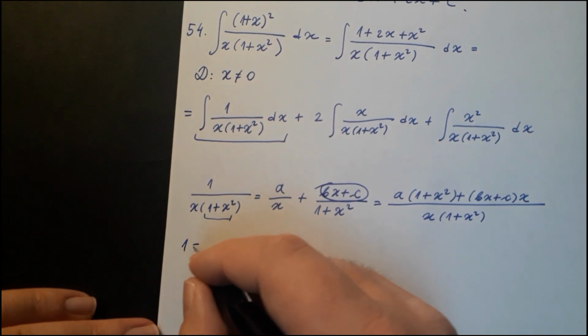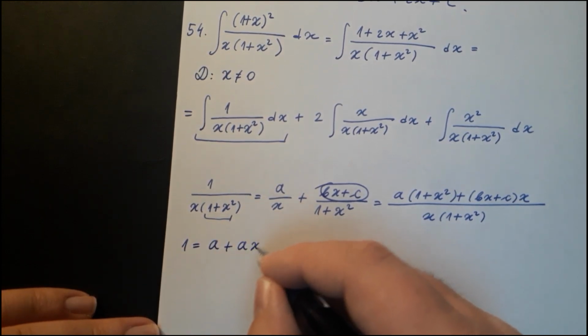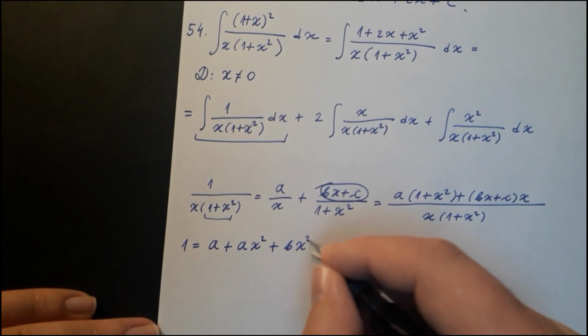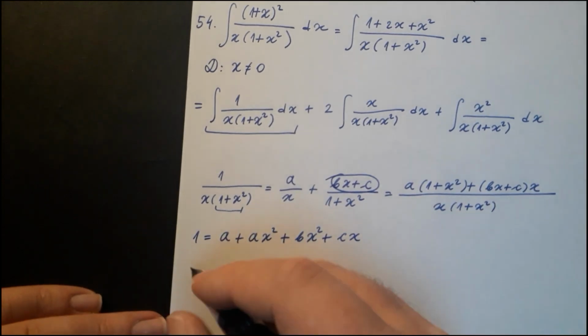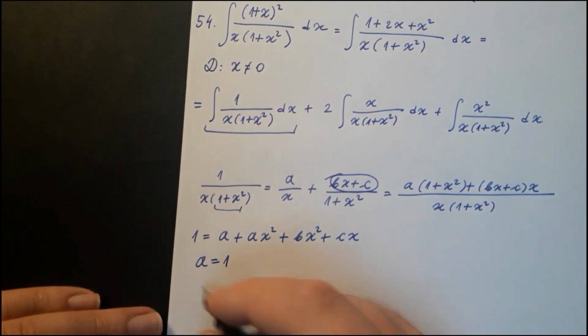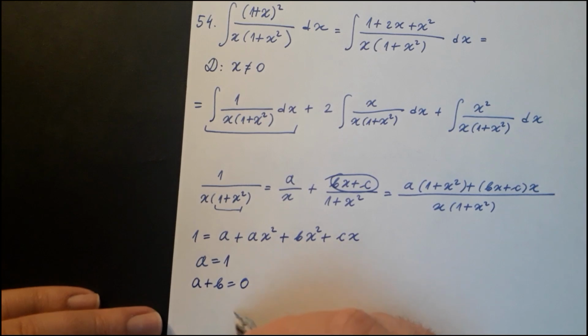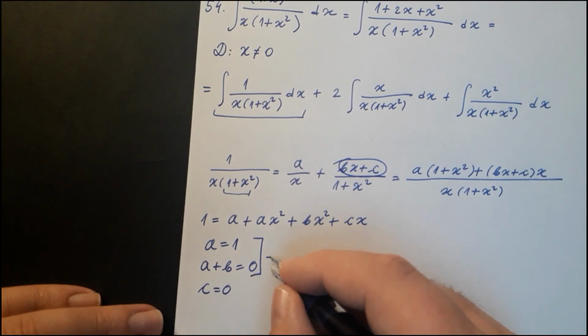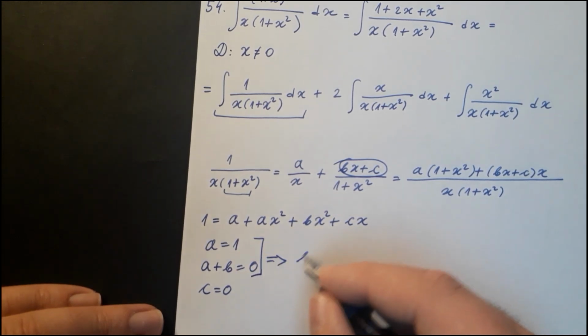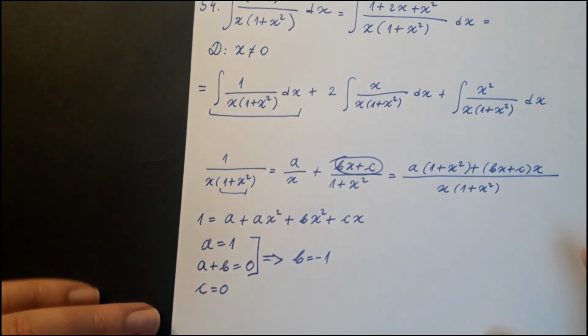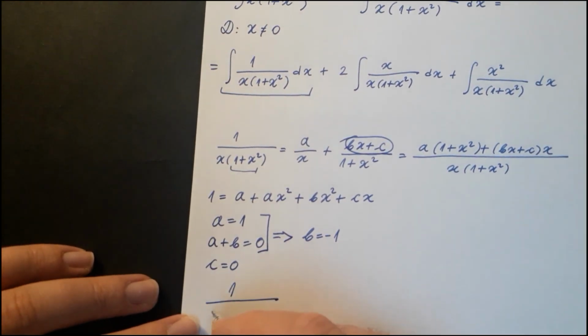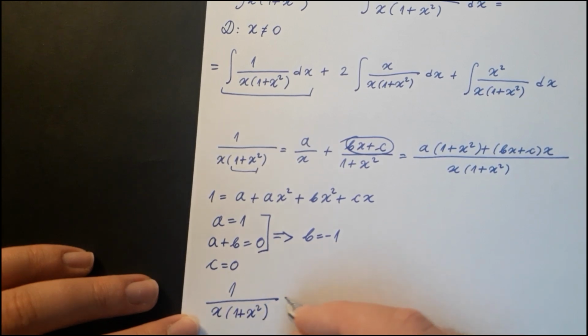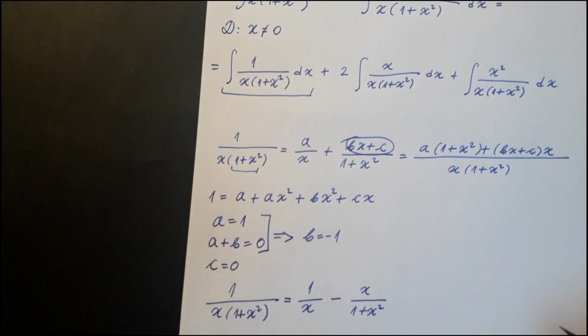That means that 1 is equal to a plus a times x squared plus bx squared plus cx. And that means that a is equal to 1, and a plus b has to be equal to 0, and c is equal to 0. First and second equation are going to give us that b is equal to negative 1. So this expression 1 divided by x times 1 plus x squared can be written as 1 divided by x minus x divided by 1 plus x squared.